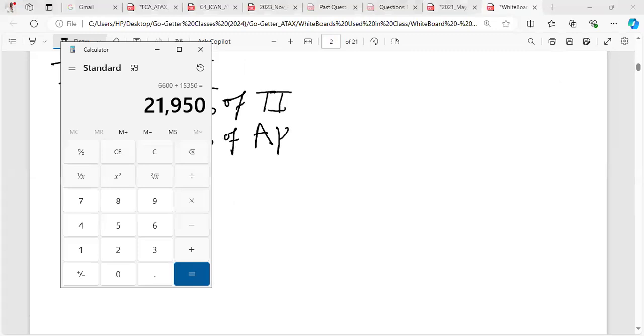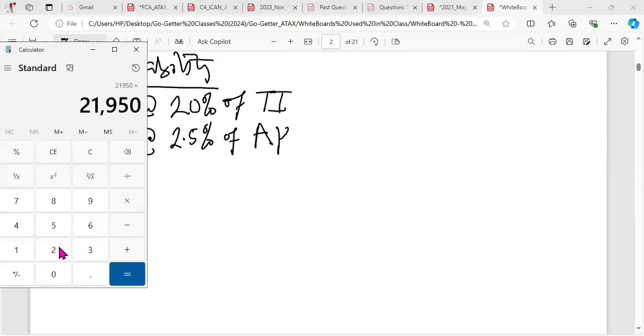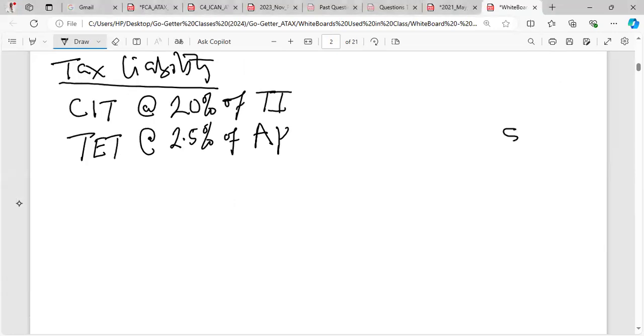We have 21,950,000 here already. We will now multiply by 2.5 divided by 100. And that will give me, sorry, 548,750. That's your tertiary education tax.